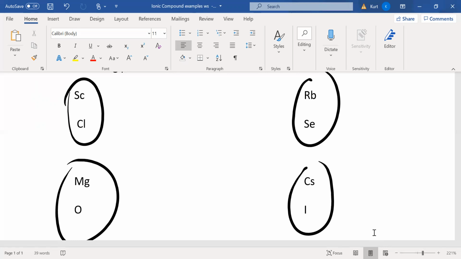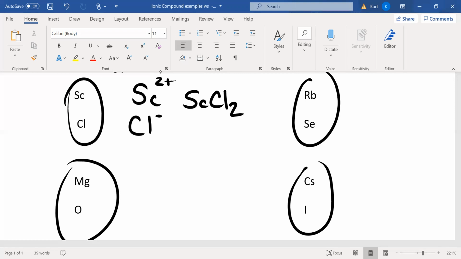All right, Derek. What did I tell you the charge of scandium should be by default? 2. Okay. So that's, wait, positive or negative? Positive. Okay, there you go. What is the charge of chloride? -1. That is right. So what will the formula be in order for them to balance each other out? ScCl2. That is correct.